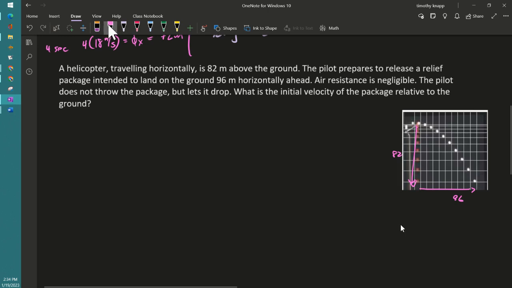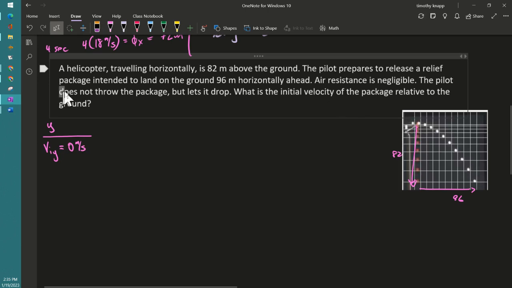So what we're going to try and do is gather up some y and x components here. So I know in my y direction, my initial velocity y is 0 because I'm dropping this. I'm not throwing it. Actually, in fact, it says it right there. The pilot does not throw the package up or down. It lets it drop.